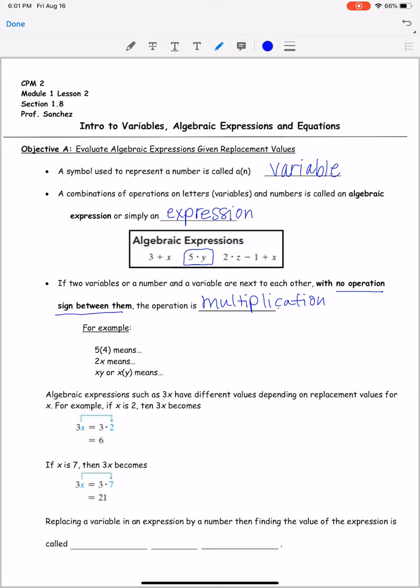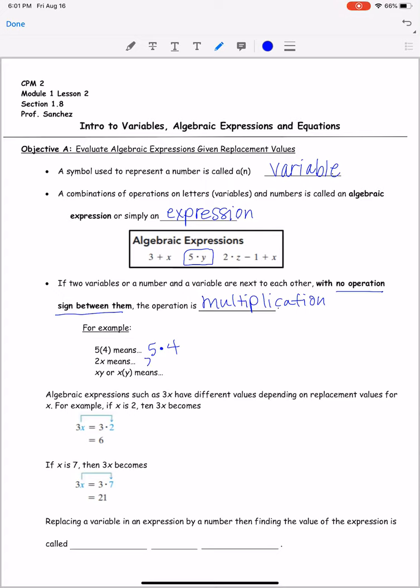Okay, and so that's what it's saying. If two variables or a number and a variable are next to each other with no operation sign between them, the operation is multiplication. So we've seen this right here, 5 in parentheses 4. That simply means 5 times 4. When I see something like 2x, that's a number and a variable next to each other.